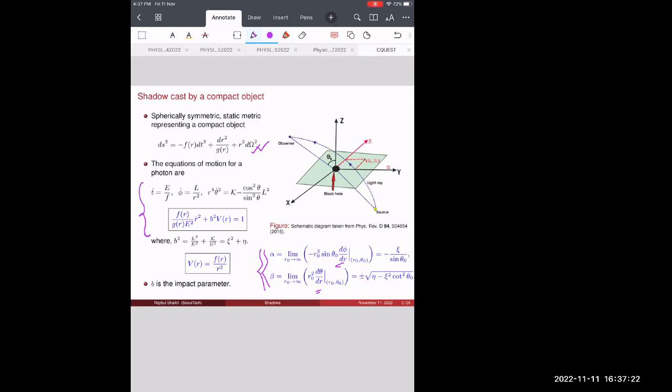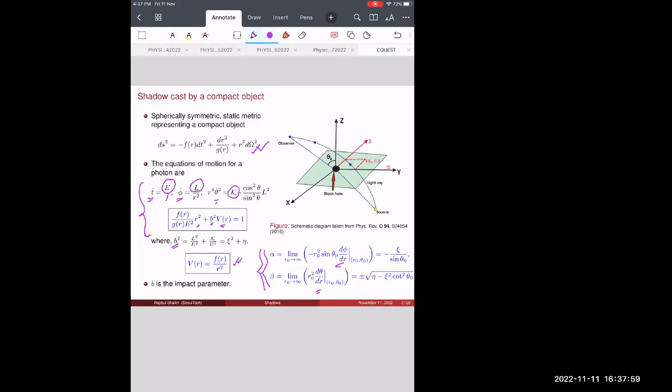Here we integrate the geodesic equation once and find first order geodesic equations which are decoupled. So we can write down the separated equations for t, phi, theta, and r. Here E is the energy of the photon, L is the angular momentum, K is the Carter constant, V is the effective potential, and b is the impact parameter.